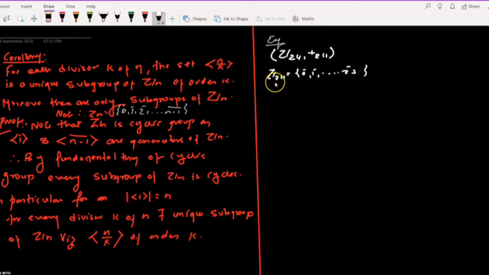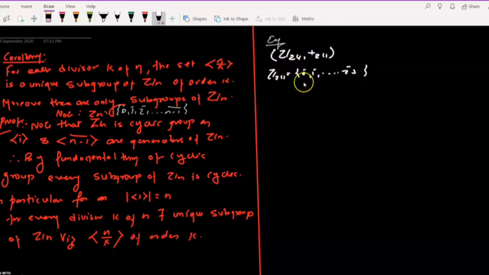Let's look at the subgroups of this. First of all, it starts with identity, right? For every divisor of n, so what are the divisors of n?